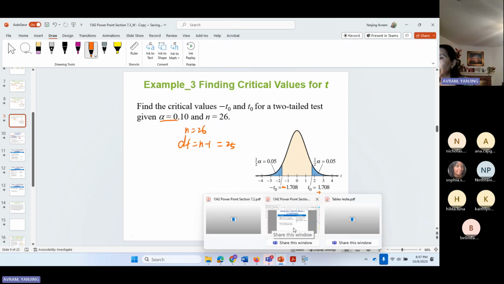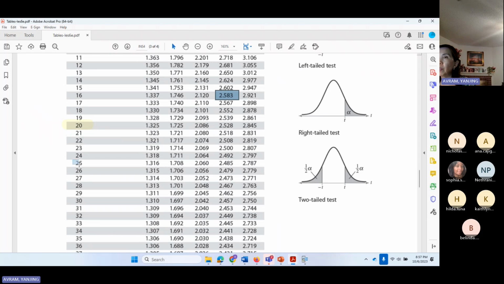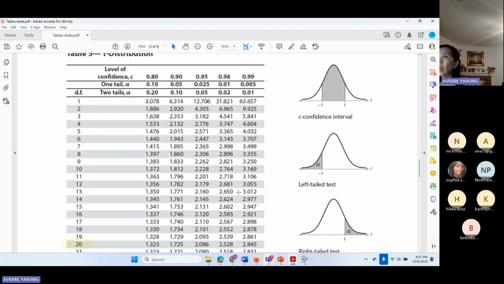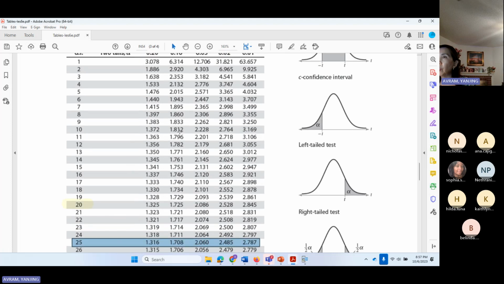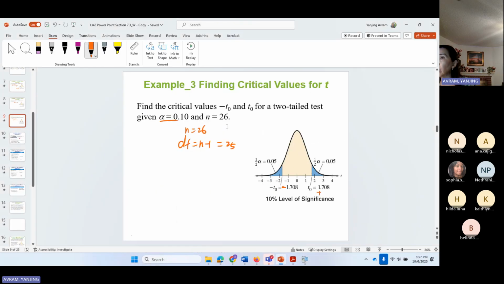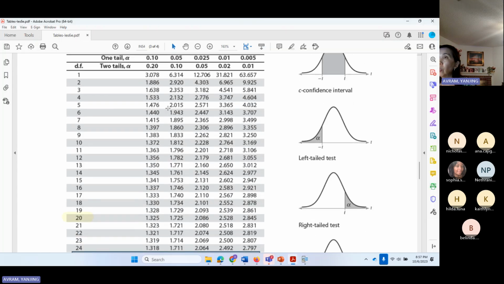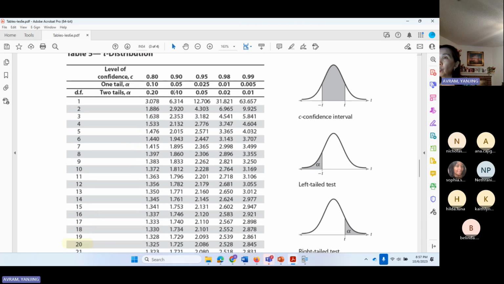So same thing, let's look at the table. This is 25, all right? So we're going to look at this row, and then it's two tails. So make sure you choose the two tail because this one is telling you two-tail test. Two-tail test, the alpha is 0.10, okay? So two tail, alpha is 0.10.